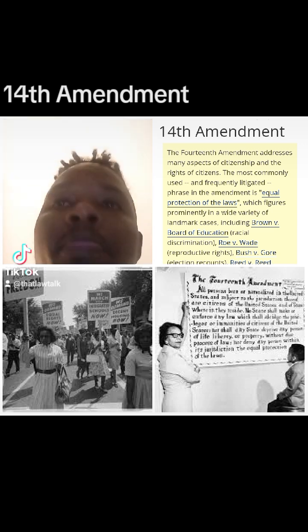But Congress may, by a vote of two-thirds of each house, remove such disability.